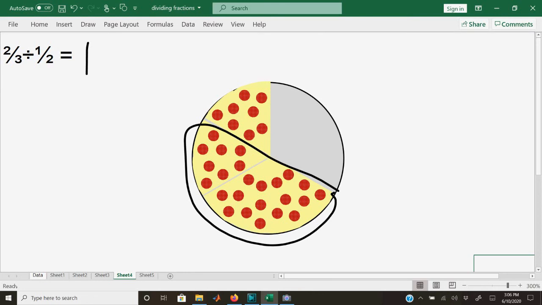And then I have another sixth, but if I think of that in terms of thirds, a sixth is half of a third, or a third of a half, actually. So if I look at my sixth, I'm asking the question, how many halves? I have 1/2, and then 1/3 of a half. So this would be a half. I have 1/3 of that.